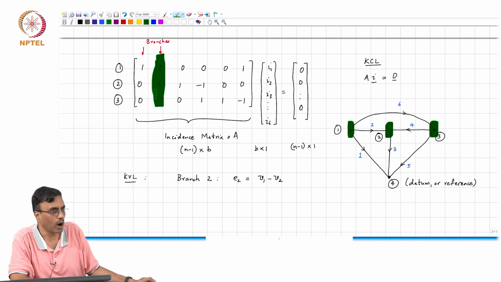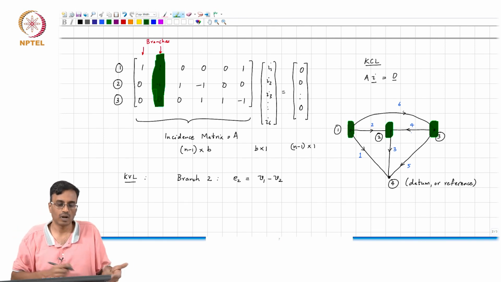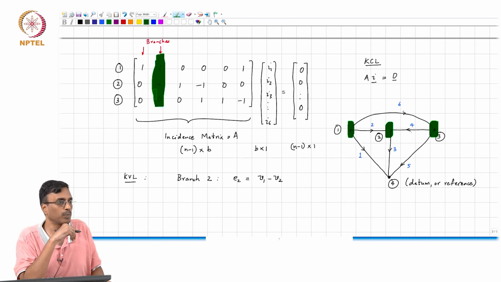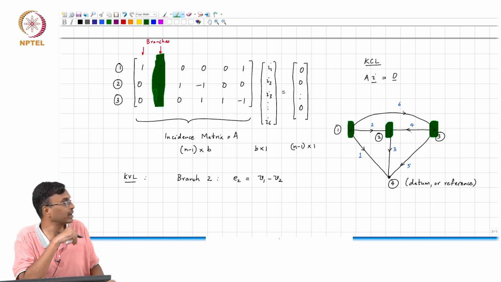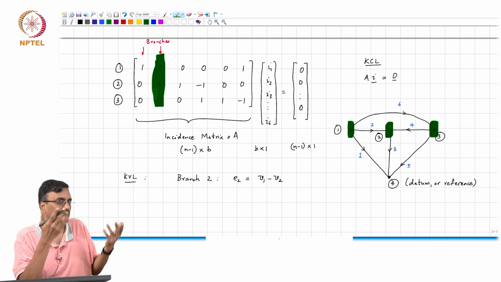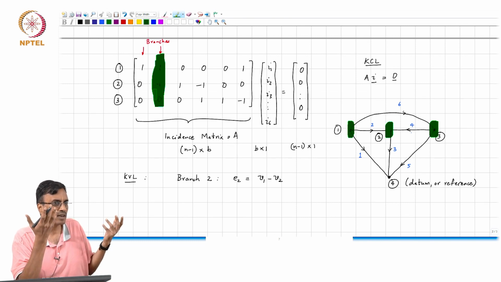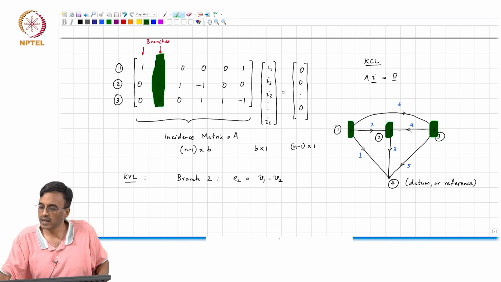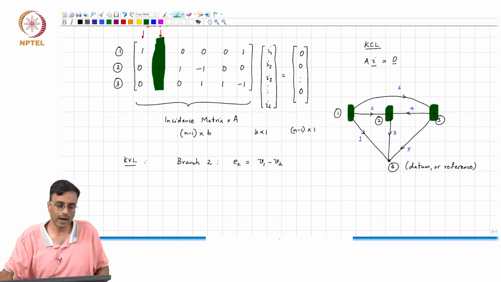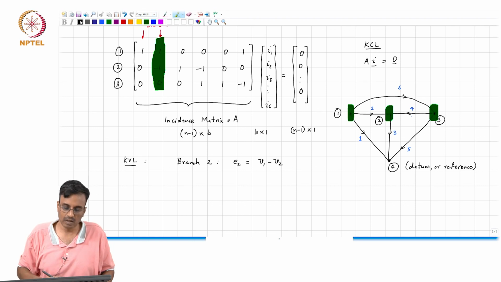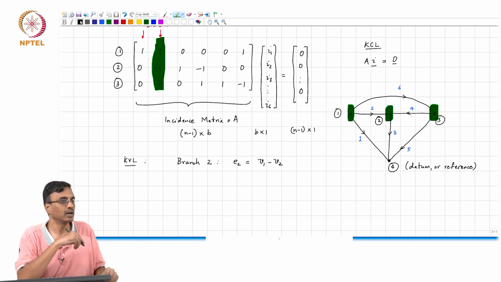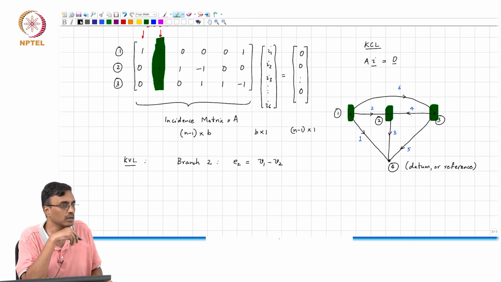It starts at node 1 and ends at node 2, and therefore, what comment can you make about the branch potential in relation to the node potential? It is simply V1 minus V2. So, taking this forward, what comment can you make about the branch potential vector in terms of the node potential vector?